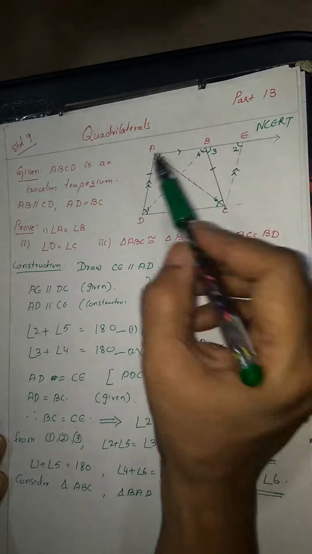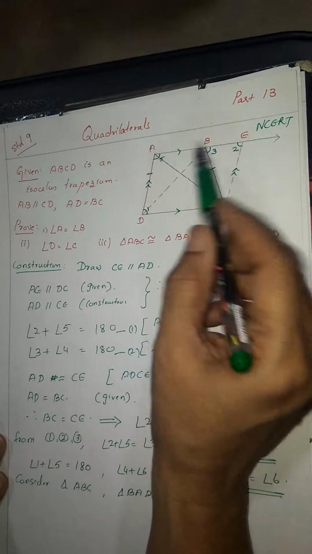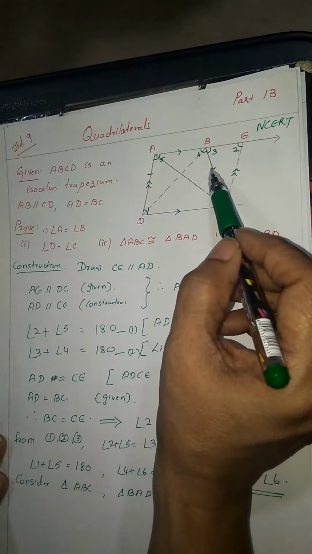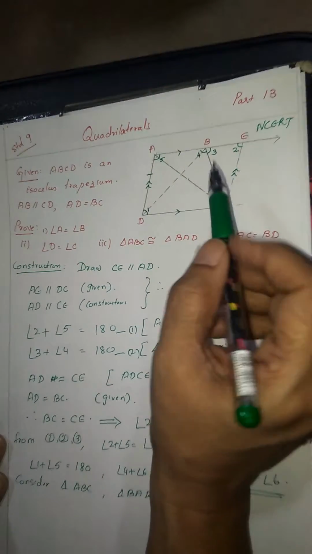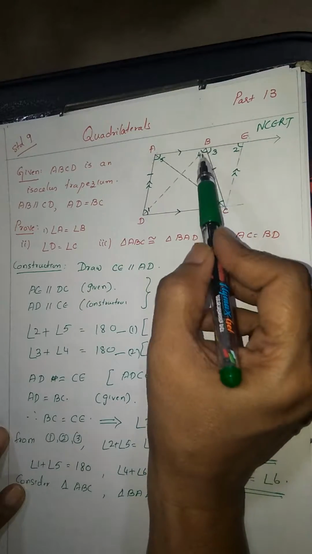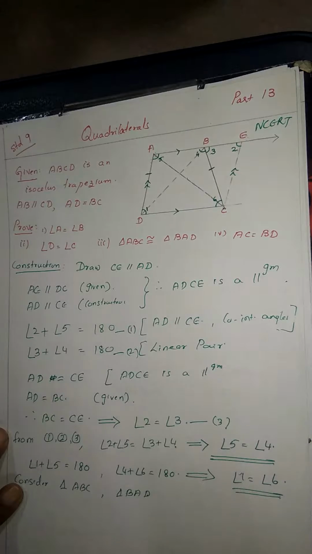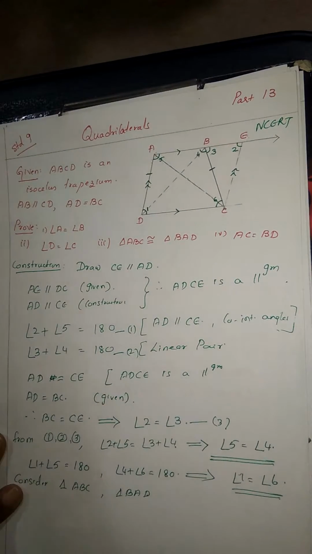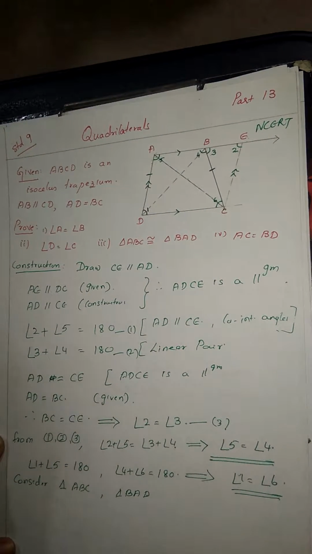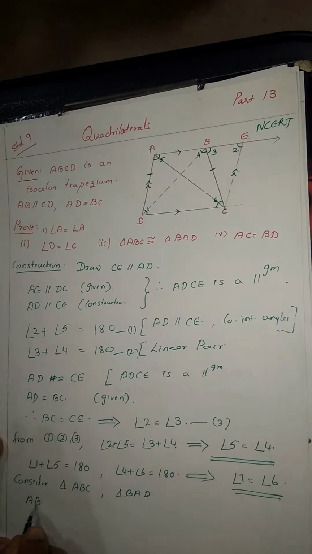In ABC, we can say BC is equal to AD. Then we can say angle 4 is equal to angle 5, and AB is common. So AB is equal to AB, common.